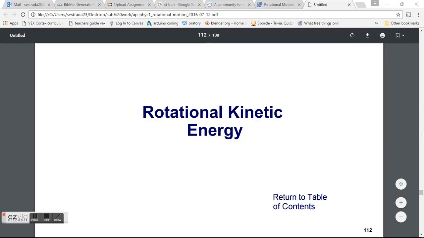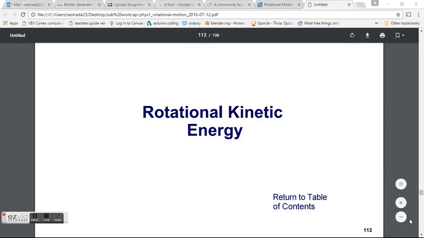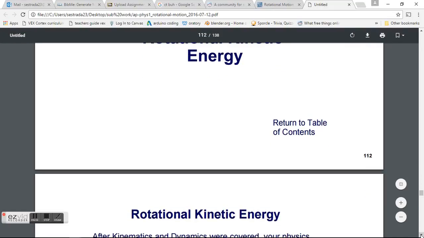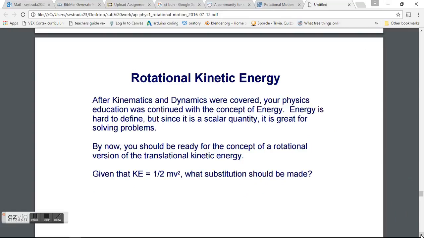We're gonna go ahead and go over rotational kinetic energy. This is kinetic energy when something is rotating around an axis of rotation. After kinematics, motion, and dynamics, forces, we covered energy towards the end of last semester.